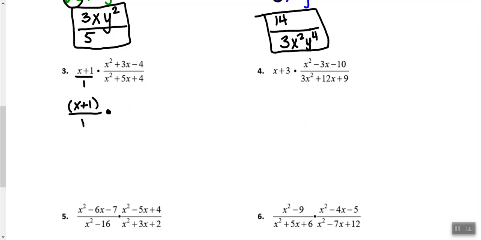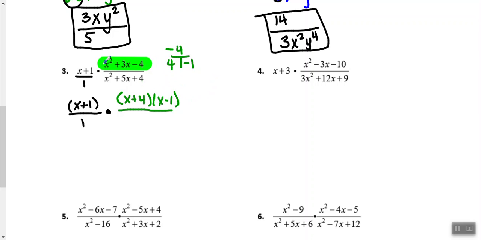times, now looking at the top here, x squared plus 3x minus 4. I'm going to factor that. So what multiplies to negative 4 but adds to a positive 3? Positive 4 and negative 1. So the top of my fraction becomes x plus 4 and x minus 1.